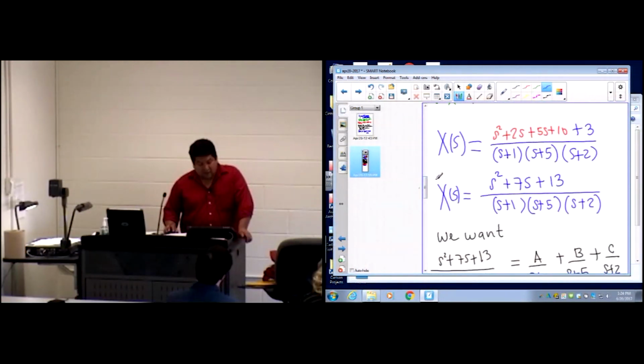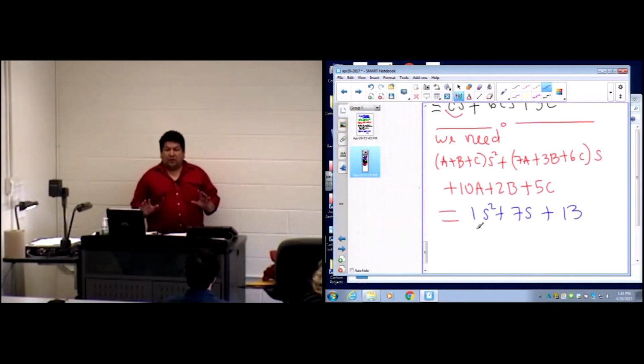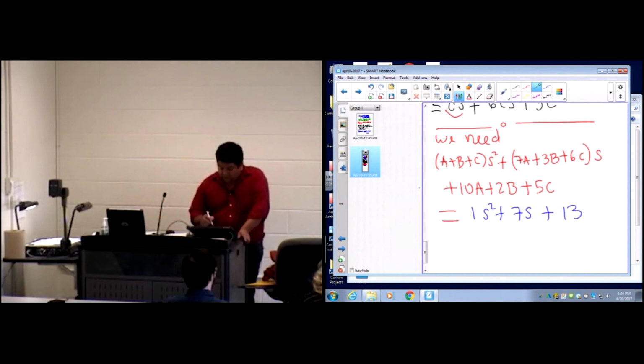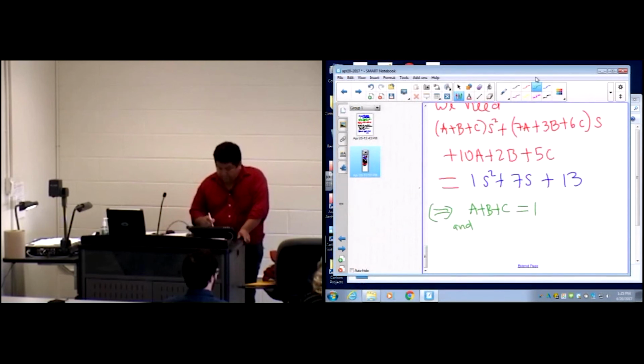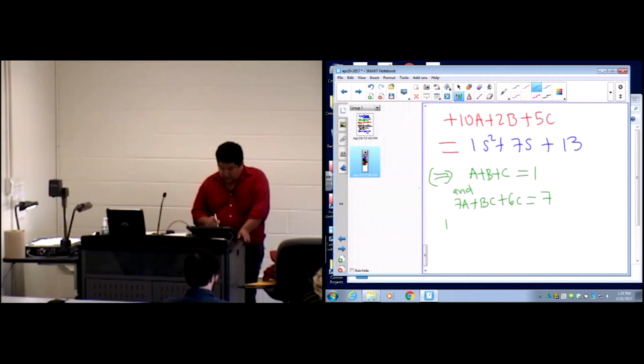So this is true if and only if we have a plus b plus c equals 1, and 7a plus 3b plus 6c equals 7, and the last part is 10a plus 2b plus 5c equals 13. So we have 3 unknowns, a, b, and c, and 3 equations. But these equations are linear.